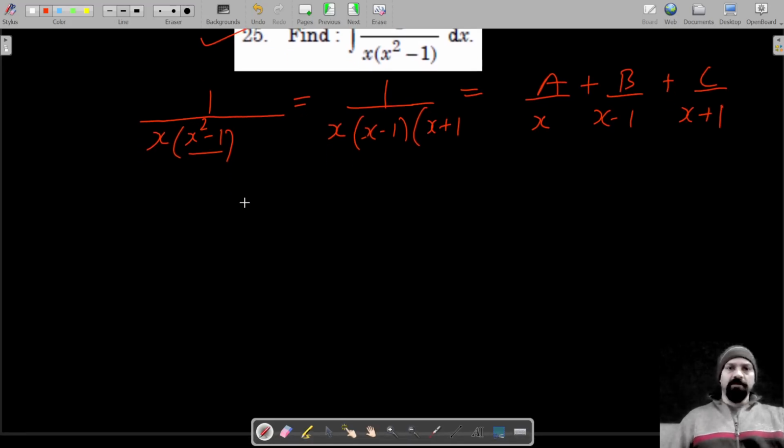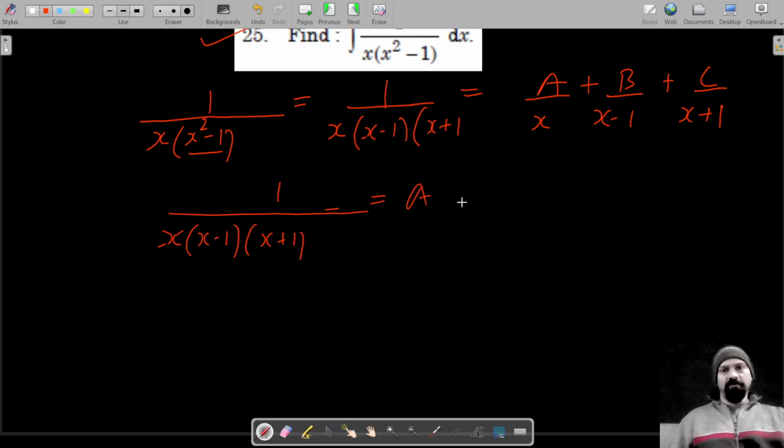Now we have to find the values of a, b, and c. And if we take the LCM, the LCM is the product of all these.